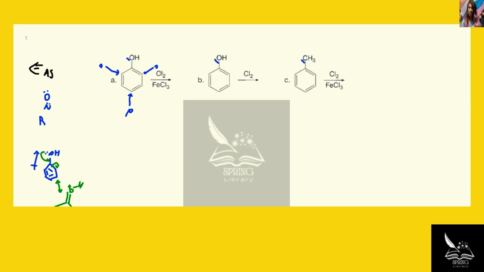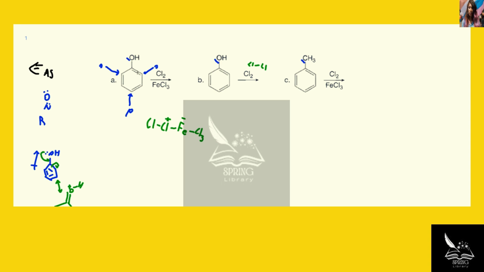And now what happens when we have an electrophile with some sort of Lewis acid? Well, in this case, the addition of this Lewis acid can actually make this electrophile more electrophilic. What I mean by that is, instead of just having chlorine, now we have chlorine with a full positive charge on it. Because of that, you make this a much stronger electrophile.